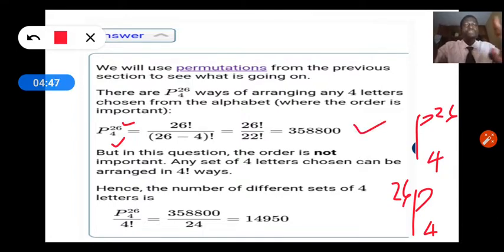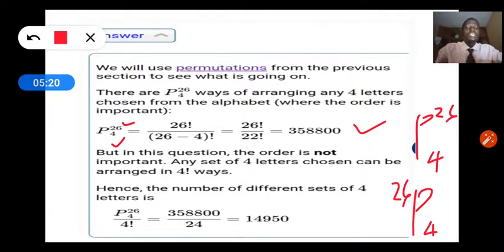That's for permutation. This question is trying to show us the difference between permutations and combinations. But in this question, the order is not important, so the number is going to reduce. Because order is very important in permutation, the number of arrangements is as high as this. Now, any set of 4 letters chosen can be arranged in 4 factorial different ways, so we divide by 4 factorial.